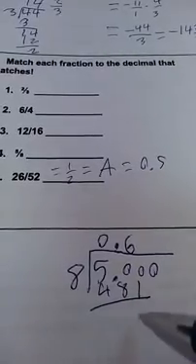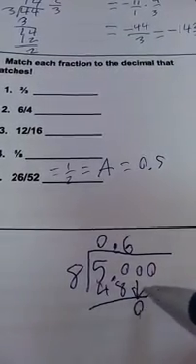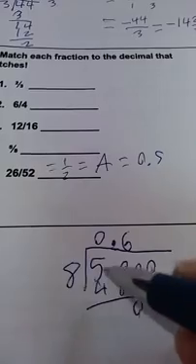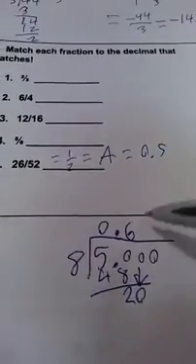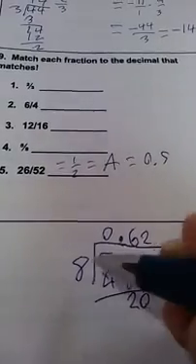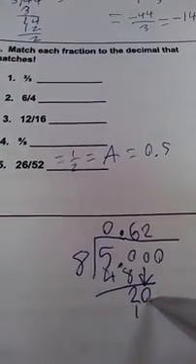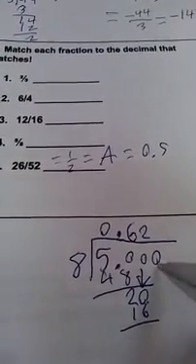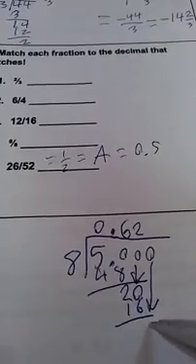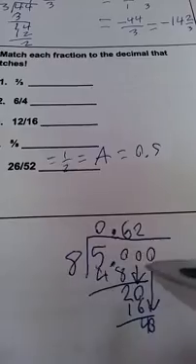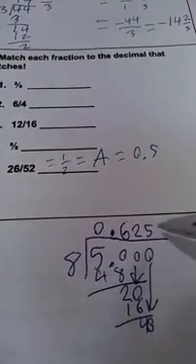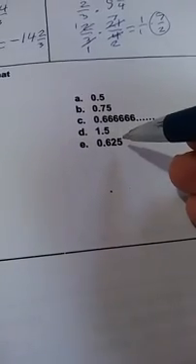Bring a 0 down. 50 minus 48 is 2. 8 goes into 20 2 times. 2 times 8 is 16. Bring another 0 down. 20 minus 16 is 4, so I've got 40. 8 goes into 40 5 times, 0.625, and there we go.